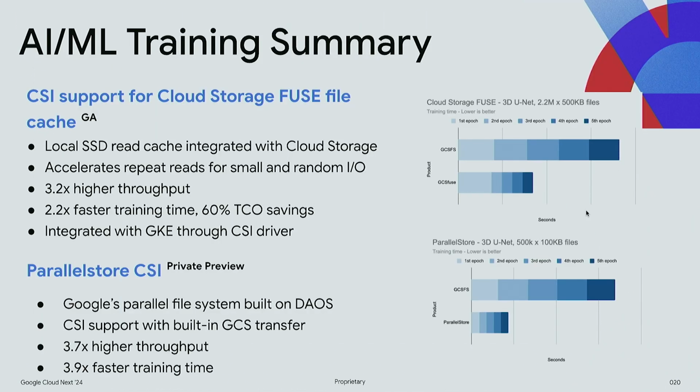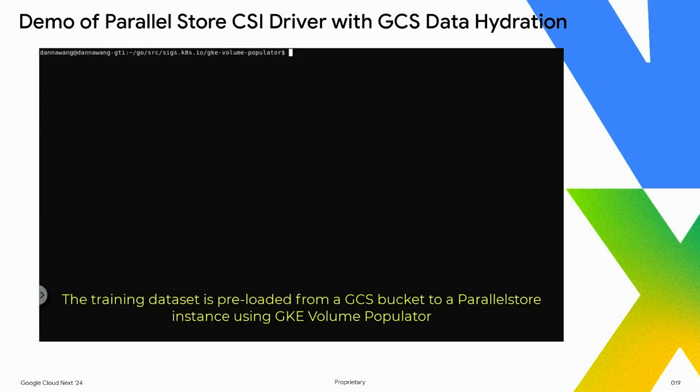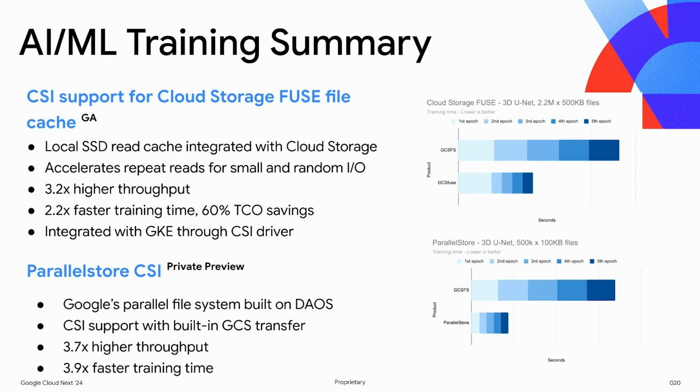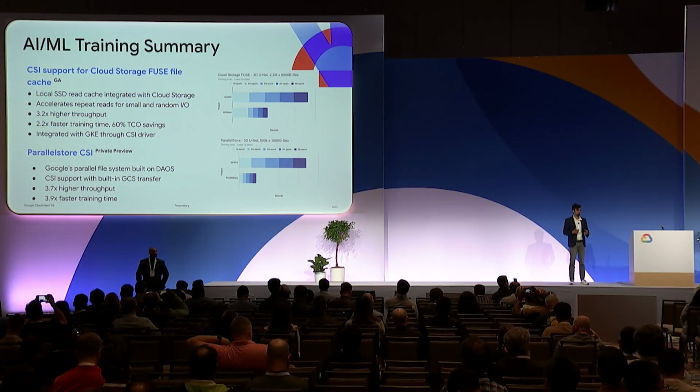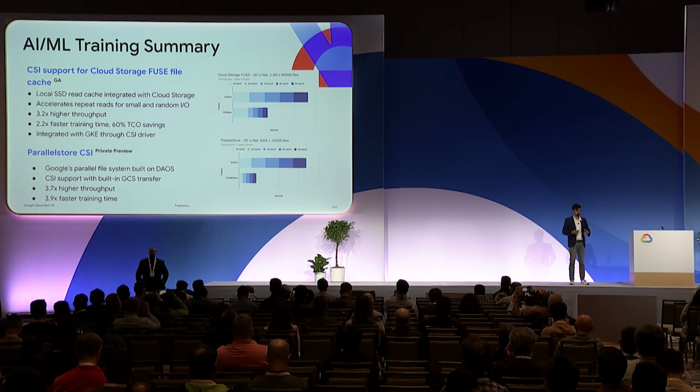So to summarize, we took a look at how you can store your data where customers want to store data, which is Cloud Storage, where it's very familiar for them. We also showed how we have out-of-the-box integrations for caching your data with Cloud Storage FUSE and Parallelstore.